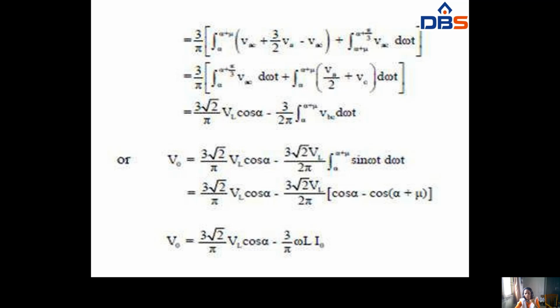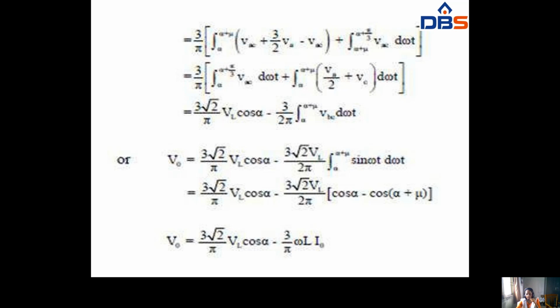So by simplifying it, we get 3 root 2 by pi VL cos alpha minus 3 by 2 pi times the integral from alpha to alpha plus mu of VBC d omega t. So V naught equal to 3 root 2 by pi VL cos alpha minus 3 root 2 VL by 2 pi times the integral from alpha to alpha plus mu of sin omega t d omega t. That is 3 root 2 by pi VL cos alpha minus 3 root 2 VL by 2 pi times (cos alpha minus cos of alpha plus mu).